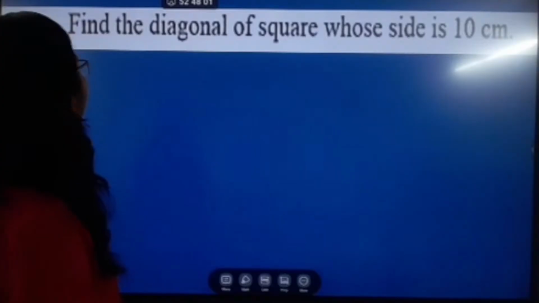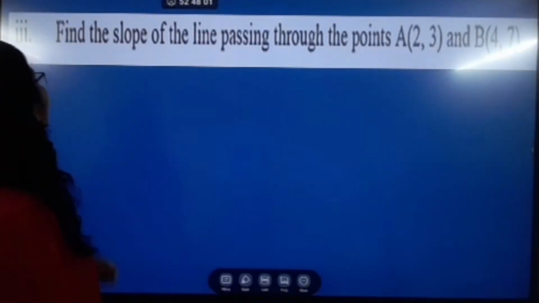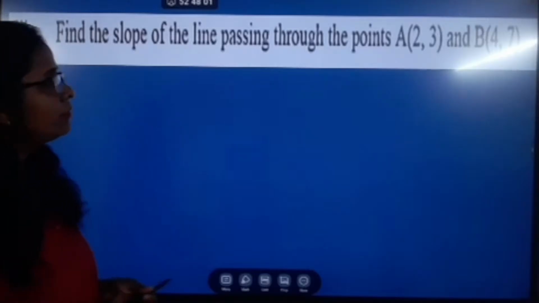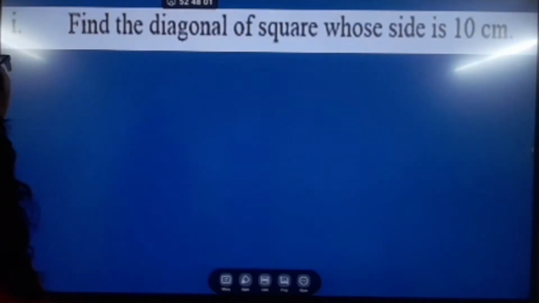See here. Find the second one. Okay, sorry. First, find the diagonal. What happened here?